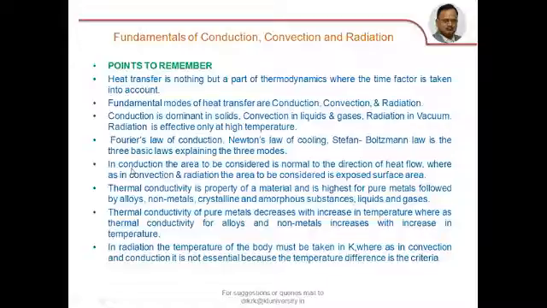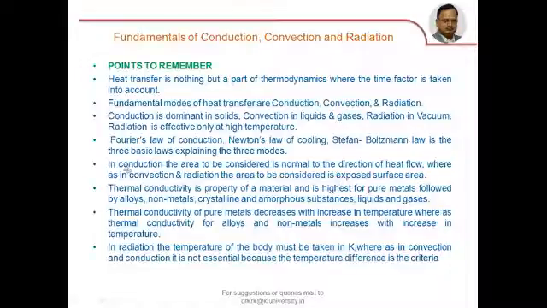Remember, it is very important: in conduction the area to be considered is normal to the direction of heat flow, whereas in convection and radiation, though we are using the same notation A, the area to be considered is the exposed surface area to the environment.